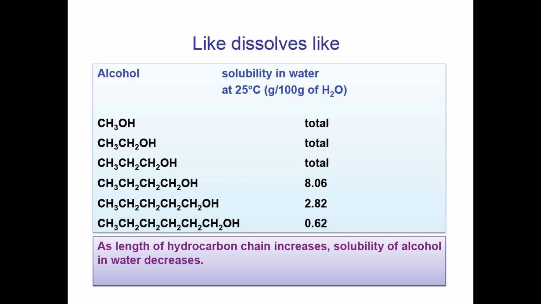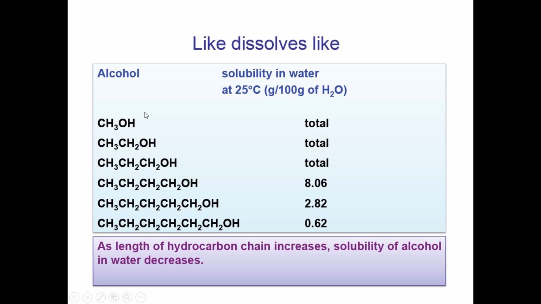Now, this gets a little bit more complicated when we look at overall compounds to determine what is the prevailing intermolecular force. And this really becomes evident when we look at alcohol compounds. So alcohols have the OH group, which we immediately should recognize as hydrogen bonding capability. And this would be the dominant type of intermolecular force in small alcohols.